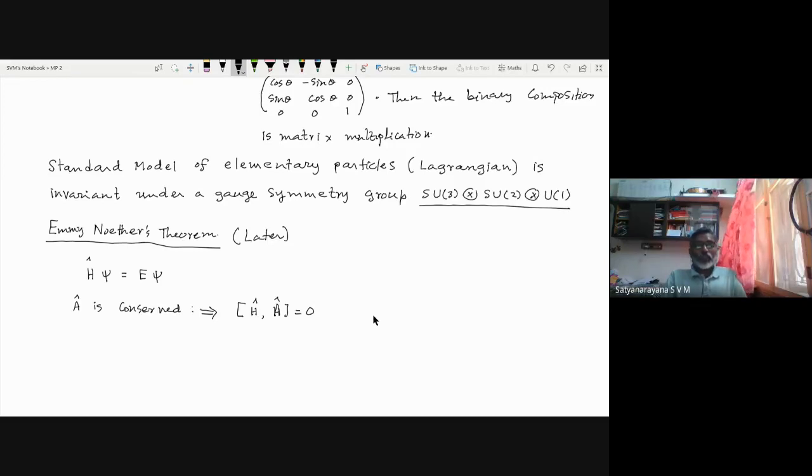Okay, so this is something which you can also see in classical mechanics. In classical mechanics, if A is conserved, so A will be some function of, let's say, Q and P, then the Poisson bracket of A with H will be equal to 0. Okay, this is Poisson bracket.